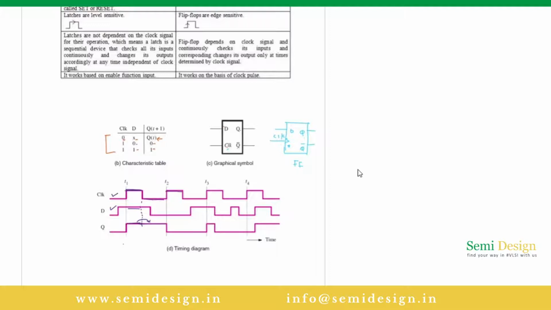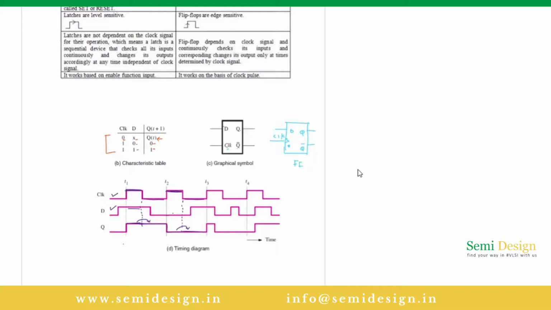Now at the next positive level, whatever data is present will be transparent to the output. So 0 is here, 0 will be transparent to the output. And during this negative level, it will retain its previous value. What is the previous value? 0 here. So this 0 will continue till the next active level.